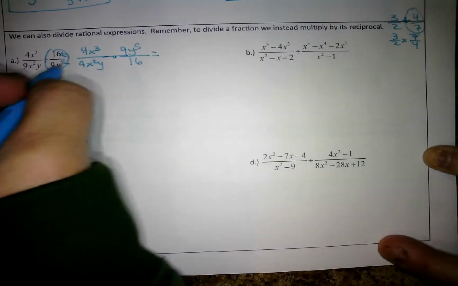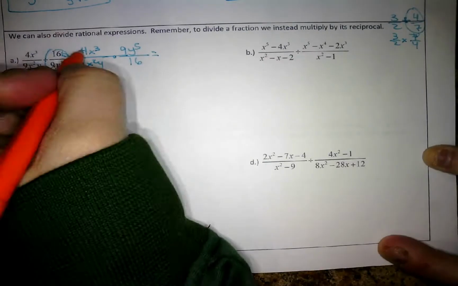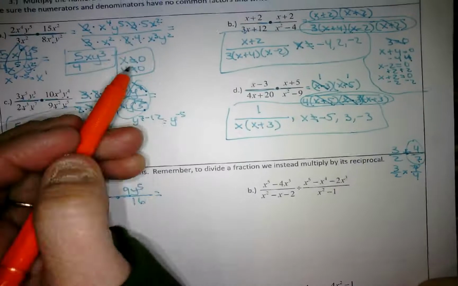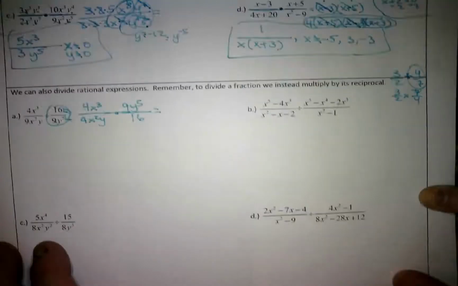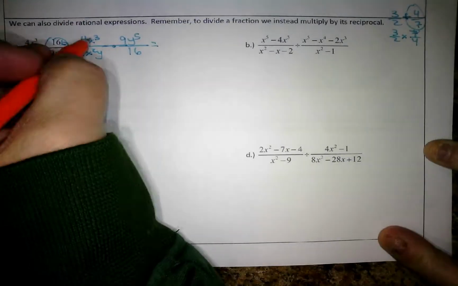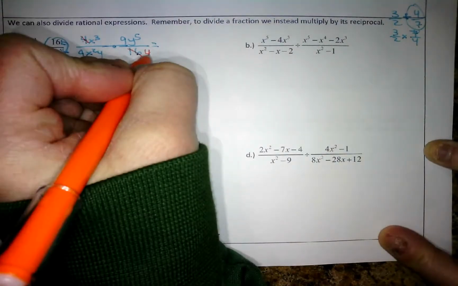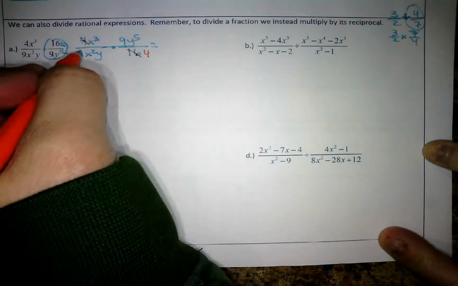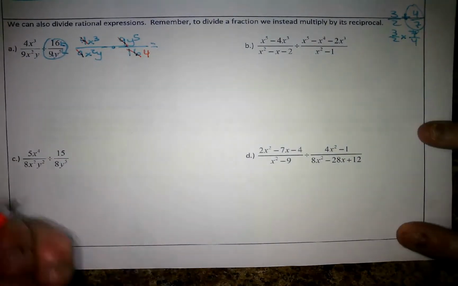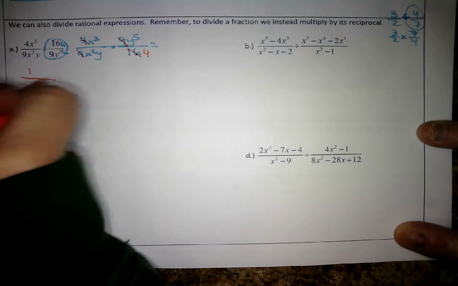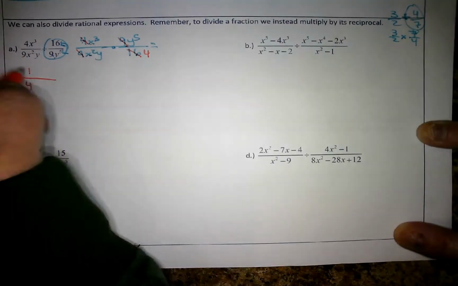So I'm going to cancel this a little bit differently so you guys can see. Up here, when I did the multiplication, I was rewriting them out as 2 times 4 or whatever. Here, I'm going to do what I'm used to doing with fractions. So 4 and 16, 4 becomes a 1 and 16 becomes a 4 because they're both divisible by 4, and 9 and 9 cancel. So I'm left with 1 over 4 here. x to the third and x squared leaves me with an x.